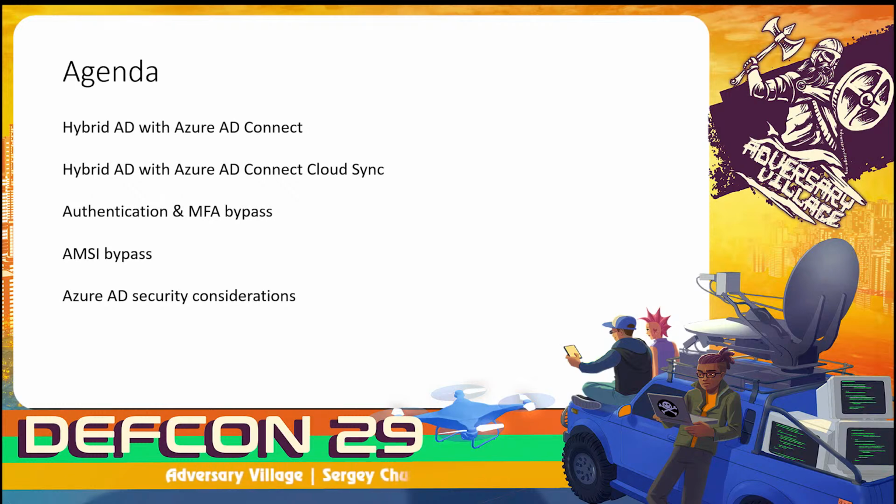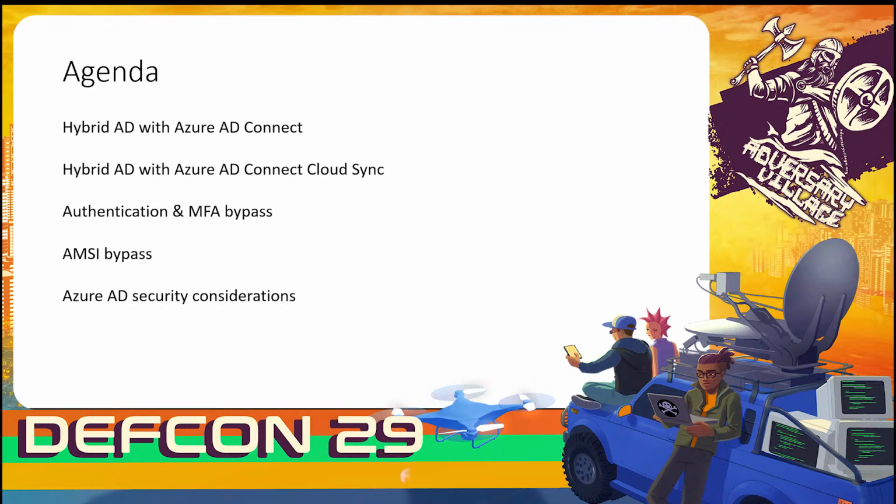Then I'm going to show you a new offering from Microsoft, which is Azure AD Connect Cloud Sync. And we will see how that may be compromised as well. Then we will bypass MFA and authentication prompt and start to enumerate the cloud. But for enumeration, I must also bypass AMSI. And finally, we're going to quickly talk about what we should do to mitigate those problems.